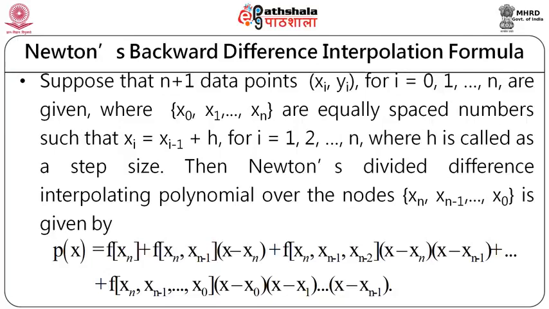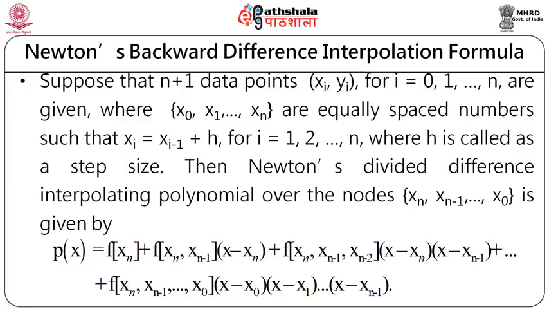Now, Newton's backward difference interpolation formula we are writing exactly in the same manner as we have written the forward difference interpolation formula. Again we have got this expression. Now, what we are doing is, instead of considering nodes in this order, we are considering the order of the nodes in this manner: x n, x n minus 1 and so on up to x 0.